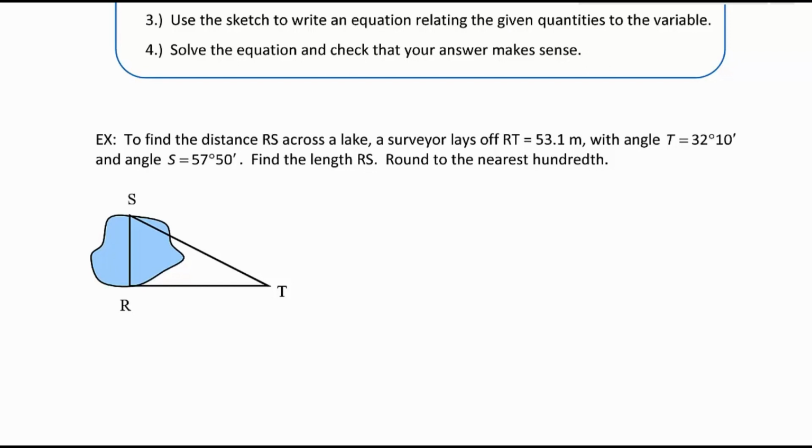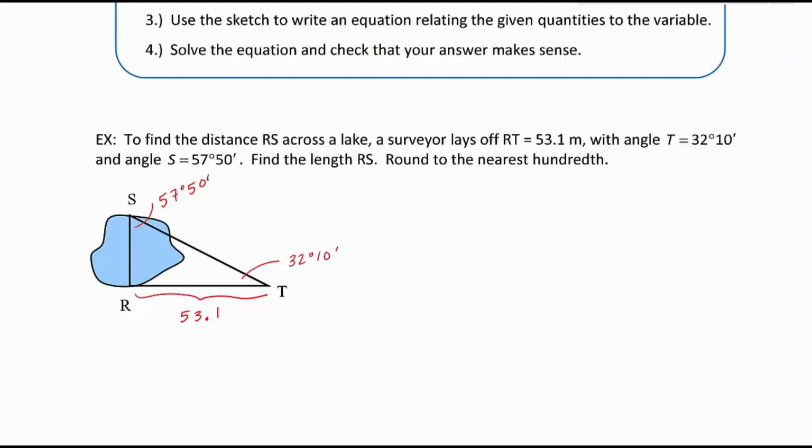So we were told that our side RT is 53.1 meters. We were told that our angle T is 32 degrees 10 minutes, and our angle S is 57 degrees 50 minutes. But like I said, we have to prove that angle R is a right angle.